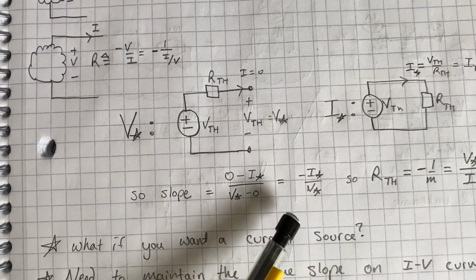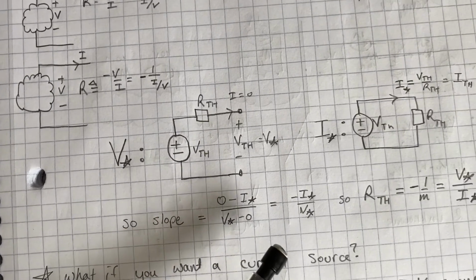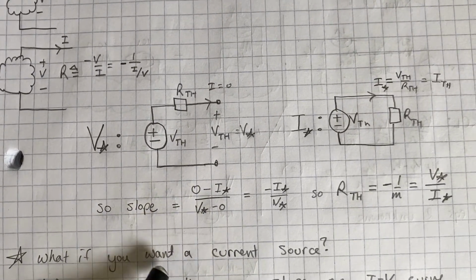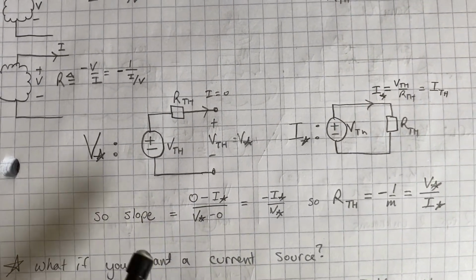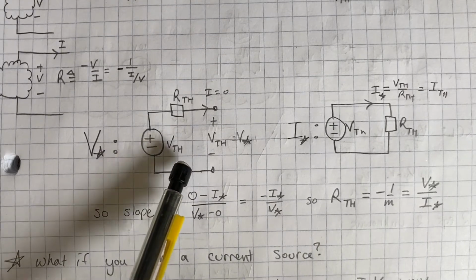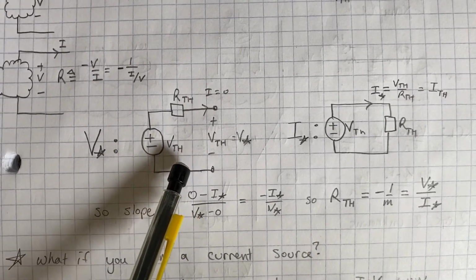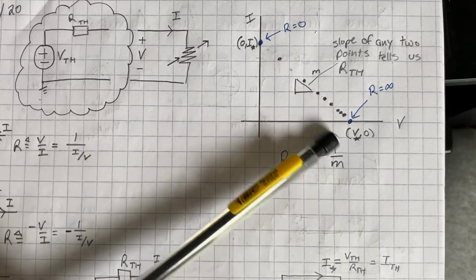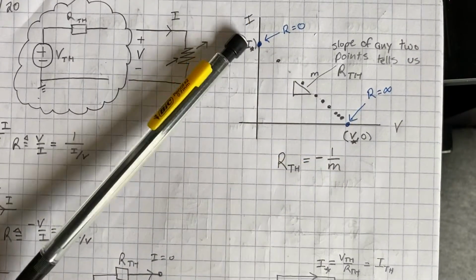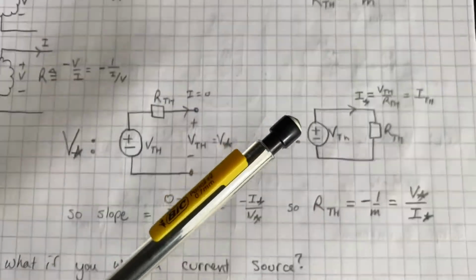And that's why sometimes you'll see, to solve Thevenin circuits, I'll show this later, one method is to find the open circuit voltage and divide by the short circuit current to find the Thevenin resistance. And that's basically saying this here, which is pretty neat.